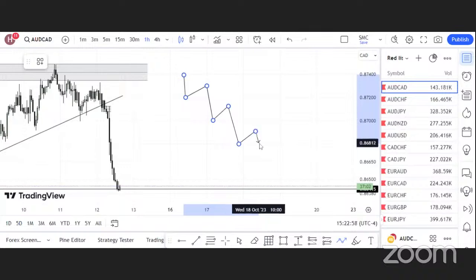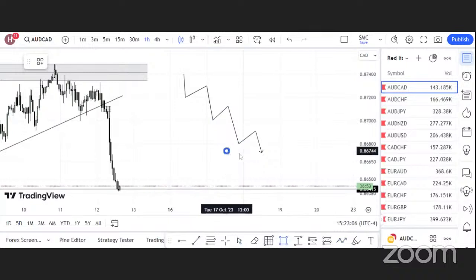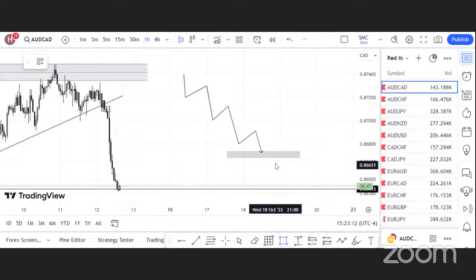And then when the market goes to this area, let's say we have a support around here. Now, when this market goes to this area, what we want to see here is this type of candle.